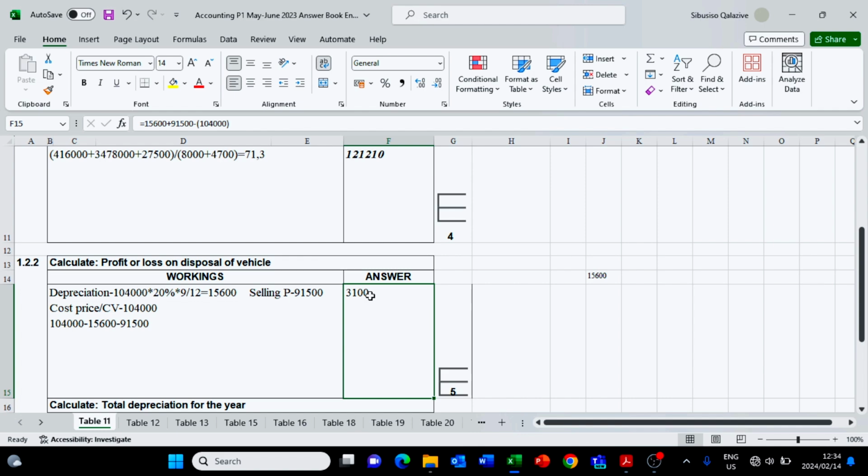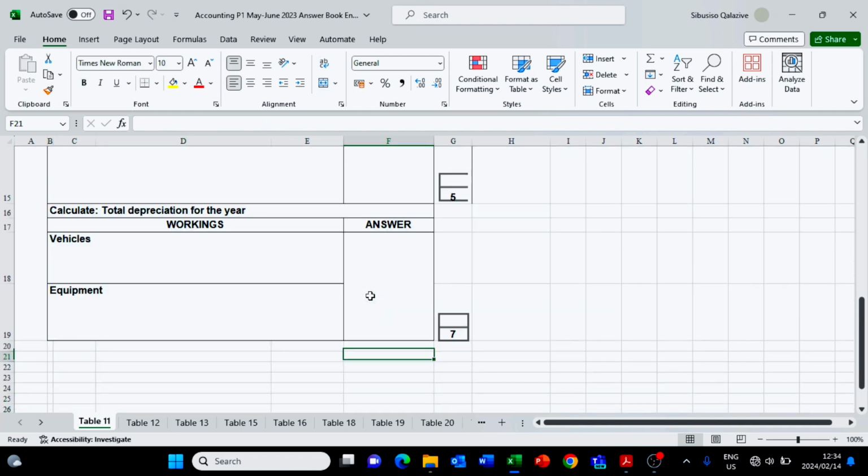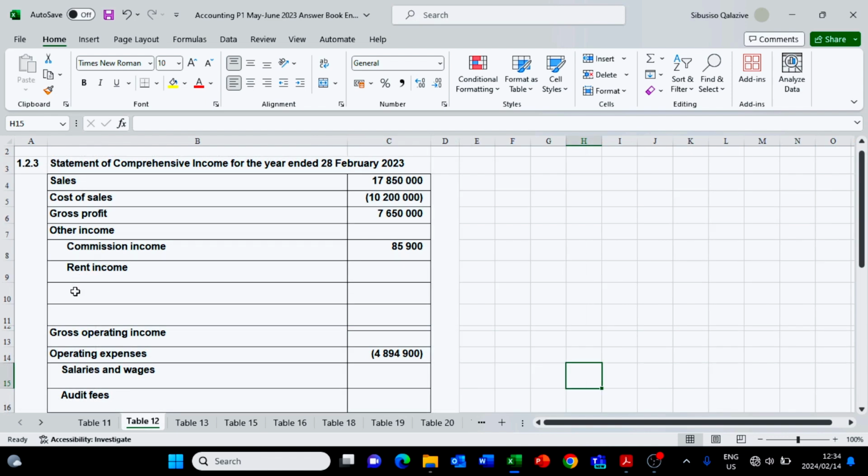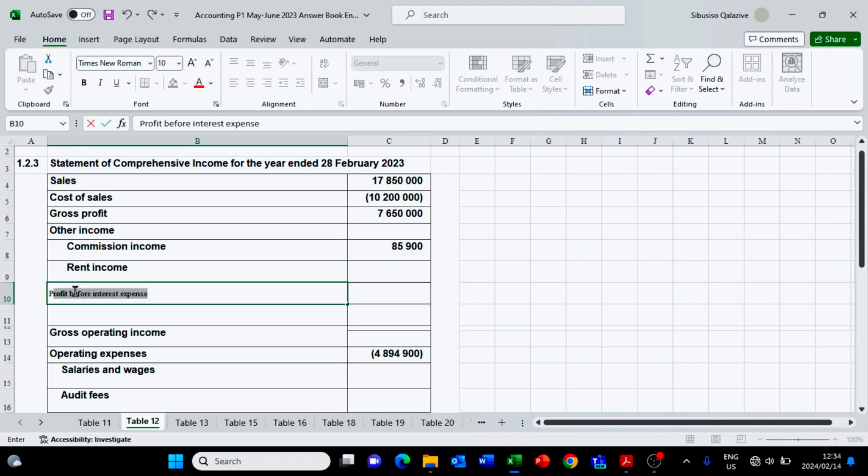This amount is going to be recorded on our income statement under the other income. So we're going to say profit on sale of vehicle.